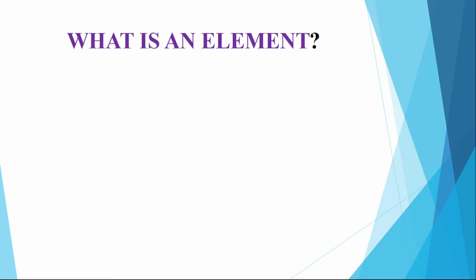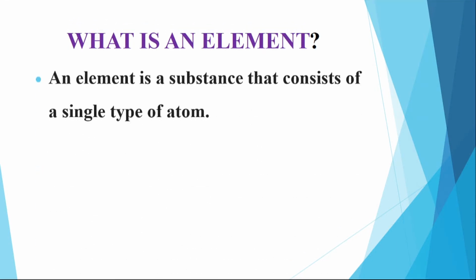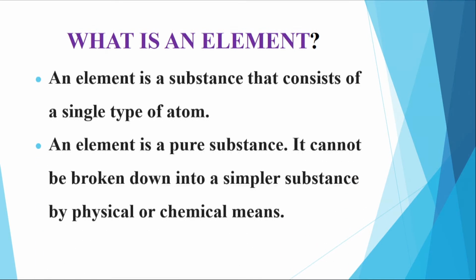What are elements? An element is a substance that consists of a single type of atom. An element is a pure substance. It cannot be broken down into a simpler substance by physical or chemical means.